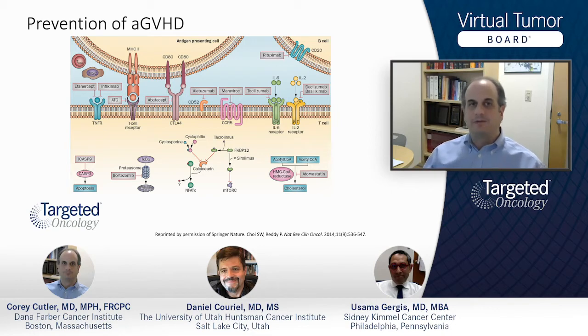What is the standard of care in North America is generally a combination approach for prevention of acute graft-versus-host disease. So in North America, most patients will receive a combination of a calcineurin inhibitor, either tacrolimus or less commonly cyclosporin, in combination with an anti-proliferative agent, most commonly represented by methotrexate and sometimes represented by mycophenolate mofetil. But there are a number of other different agents that are active, and some of their pathways are shown here.